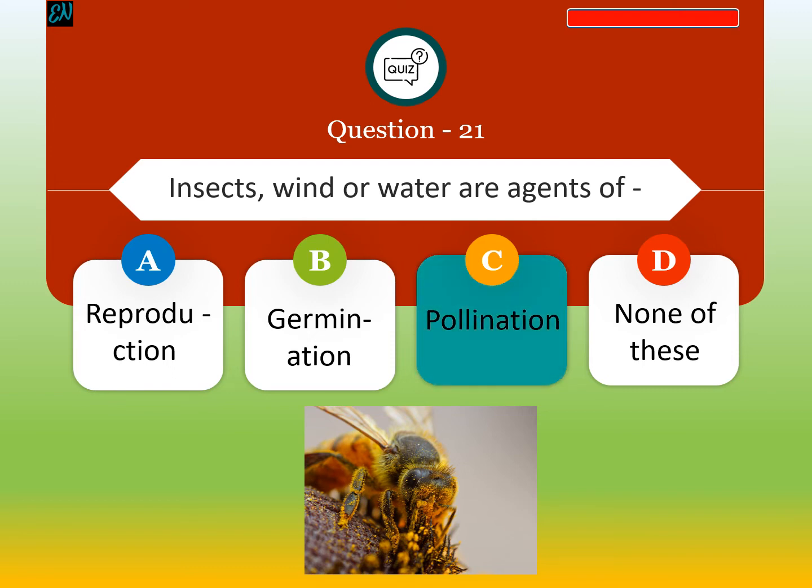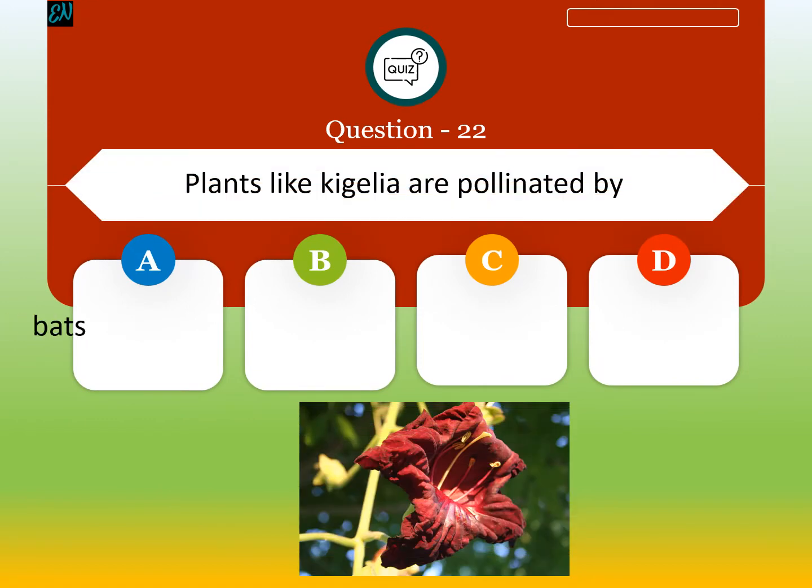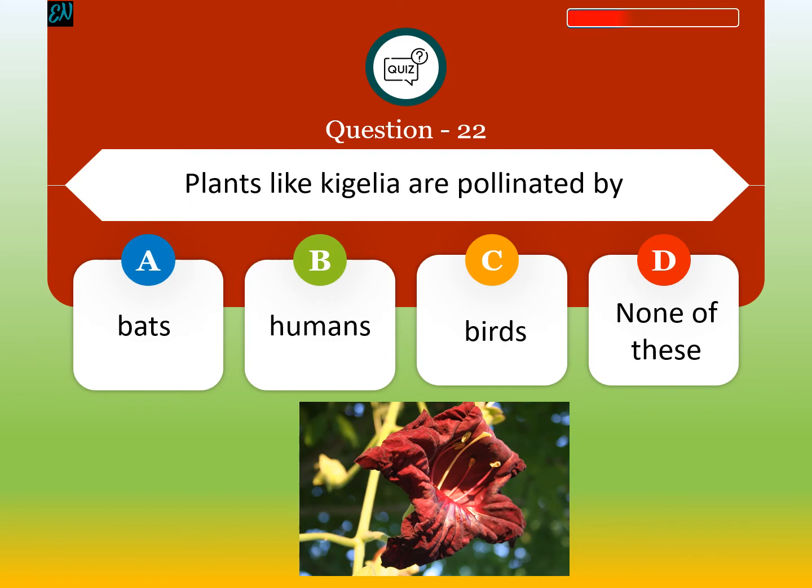So these are the agents of pollination. Question number 22. Plants like Kigelia are pollinated by bats, humans, birds, or none of these. The correct answer is bats.